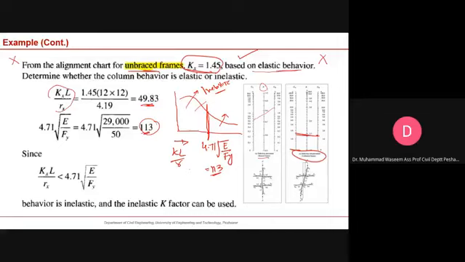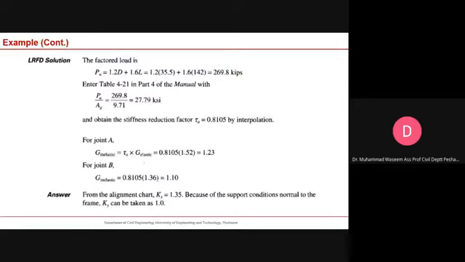So what you are going to do is compute this stiffness reduction, the tau value. You can determine this tau value from table 4.21, or you can use these equations.